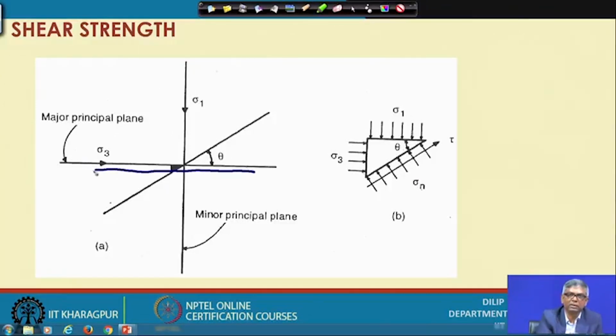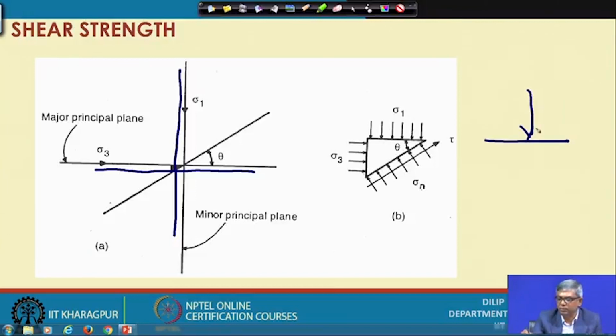Similarly, this is sigma 3, the minor principal stress, and the minor principal plane will be perpendicular to that direction. If the direction of stress is this, then the plane will be perpendicular to it, or if the plane is defined, then the normal stress will be perpendicular to it.